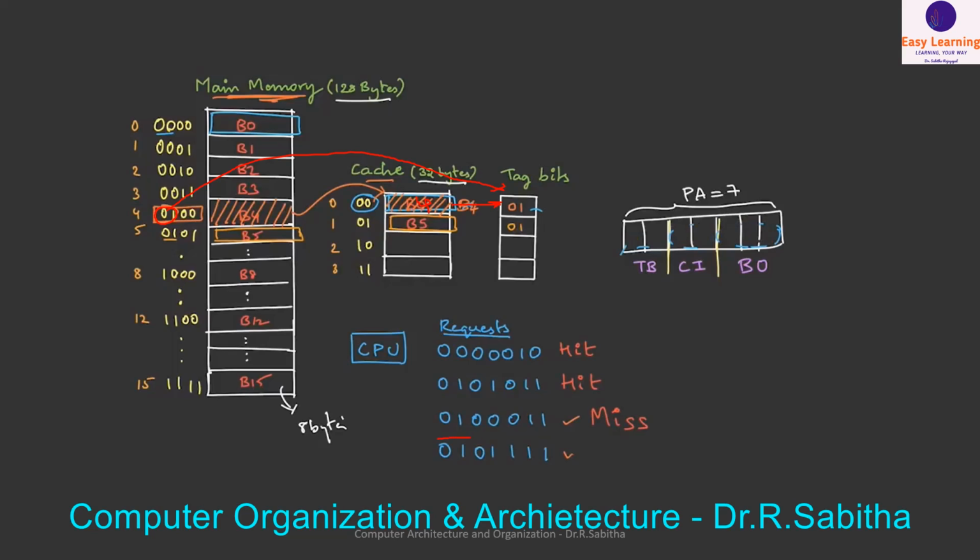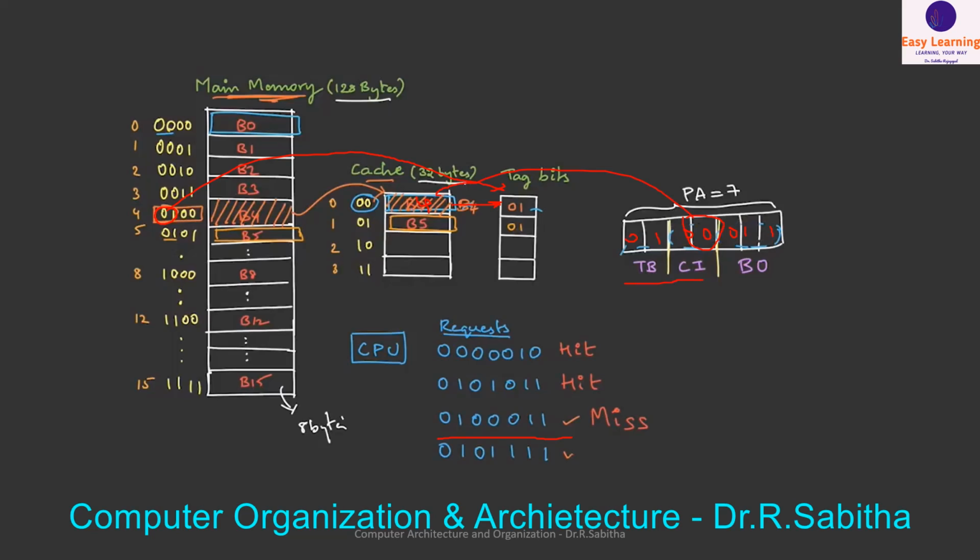Now let us take the same example, 0 1 0 0 0 1 1. We will be checking the cache index, which is 0 0. So we are going to check in 0 0.